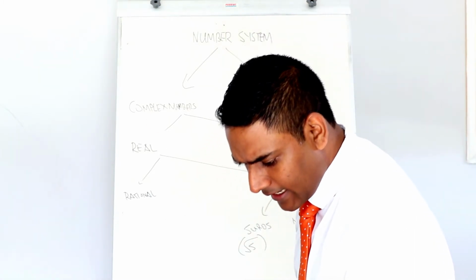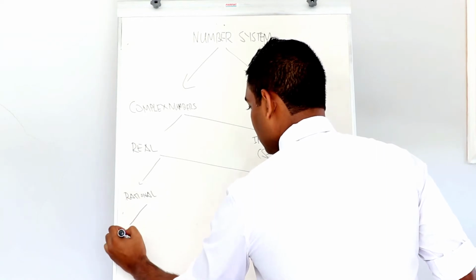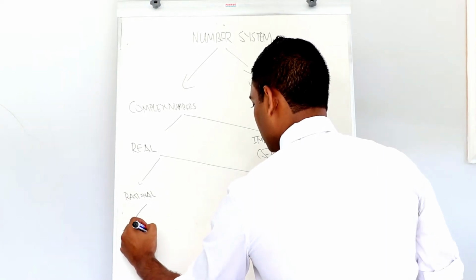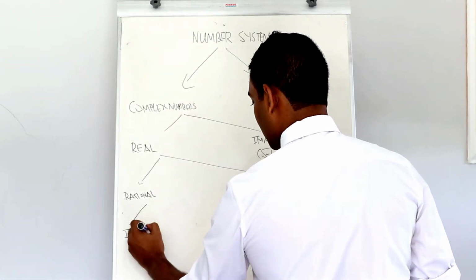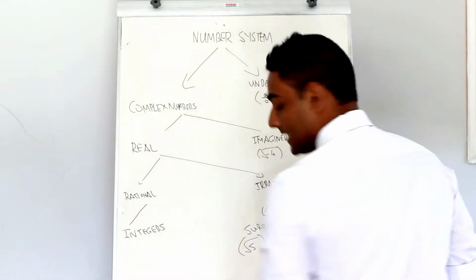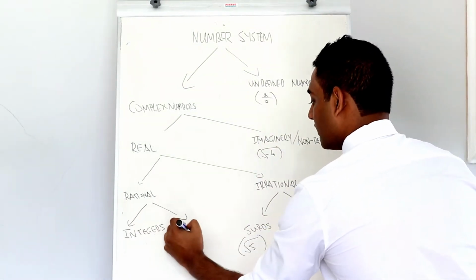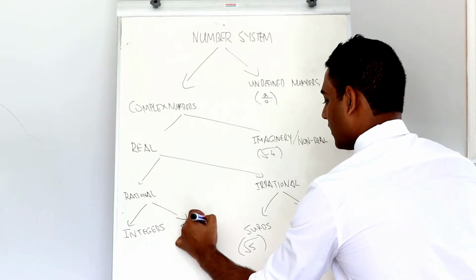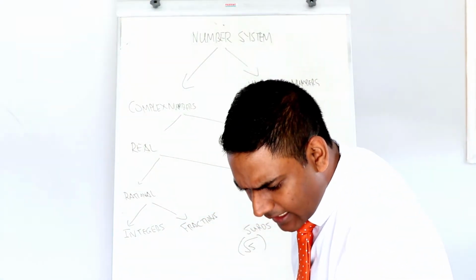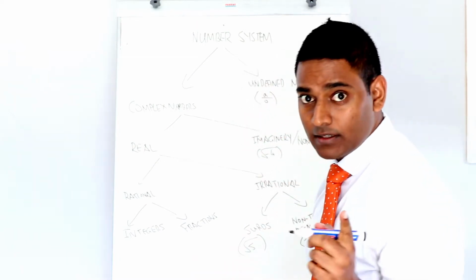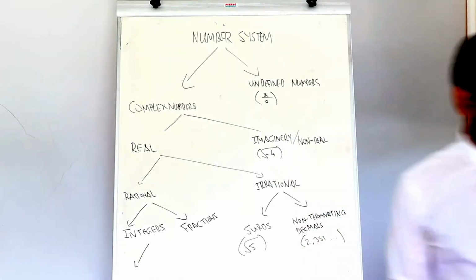The rational side has two aspects to it, which is either integers or fractions. You've seen fractions, right? And then lastly, under integers, you'll have either whole numbers or natural numbers.